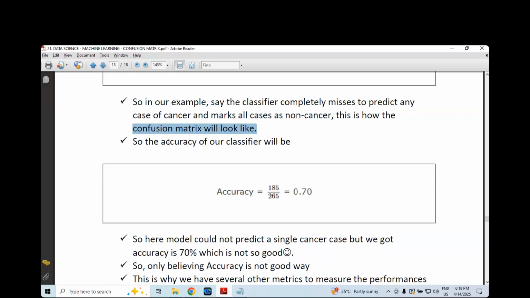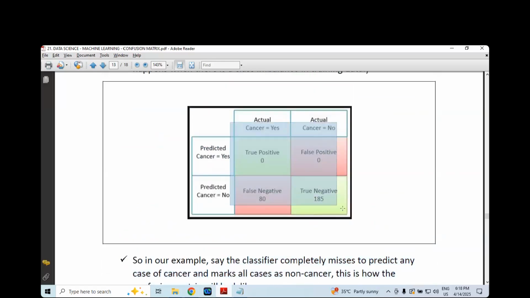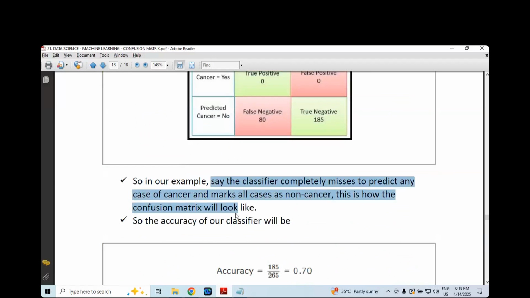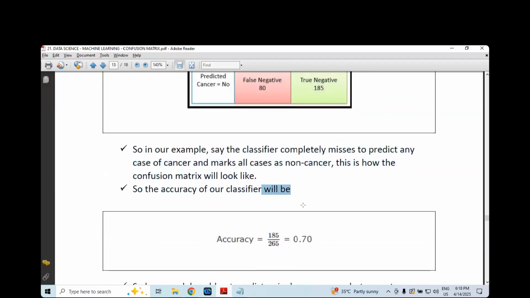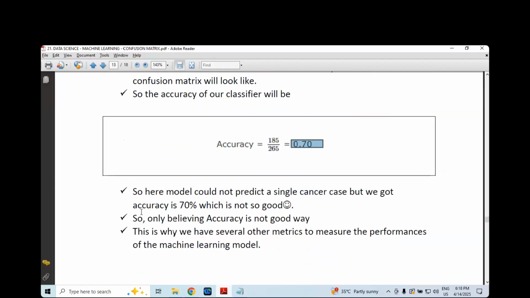So the accuracy, Daniel, this theory is important. If you understand this topic, we can build the theory automatically. So the accuracy of the classifier is what exactly, sir? 70%. So here the model could not predict a single cancer case, but we can get accuracy of 70%, which means what exactly? Not good. So only believing accuracy is not a good practice. That's why we have several other metrics also.